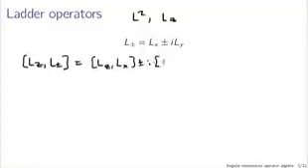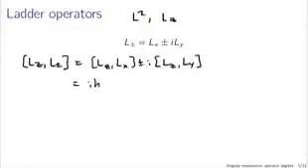Well, you can substitute in the definitions of Lz, L plus, and L minus. And since the commutator is linear, I can just split this up into two separate commutators. Lz commutator with Lx plus or minus i times Lz commutator with Ly. You know what both of these commutators are. We've already calculated them out.